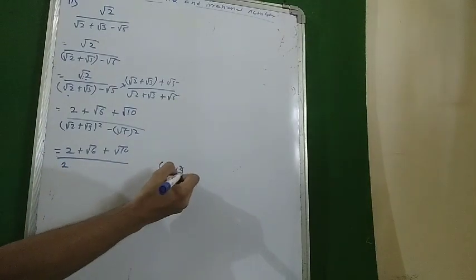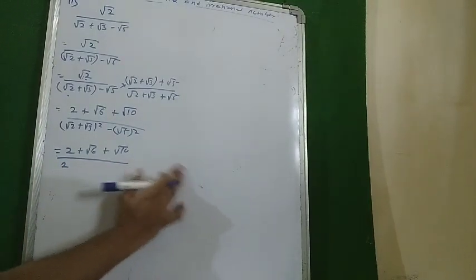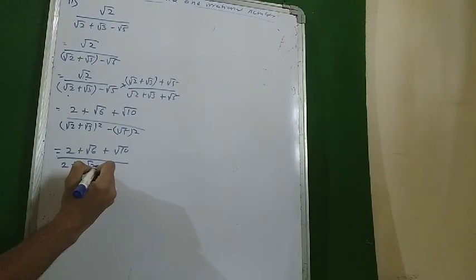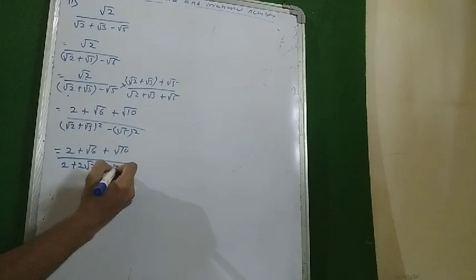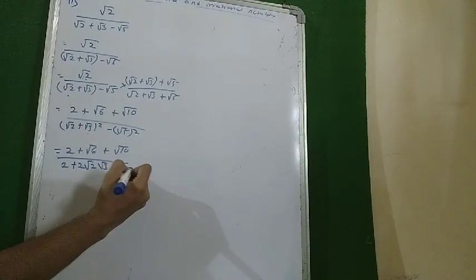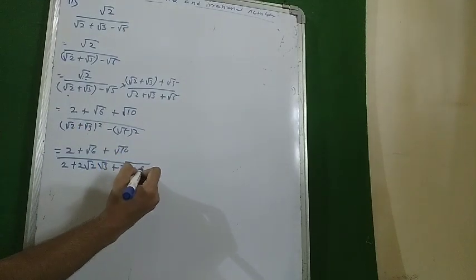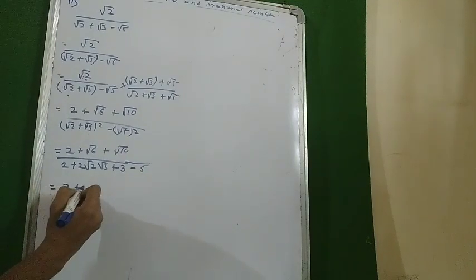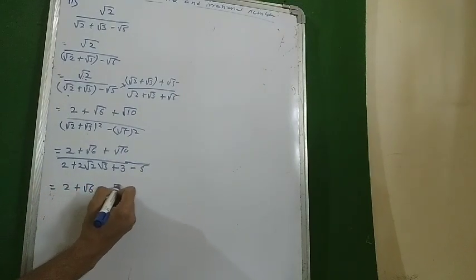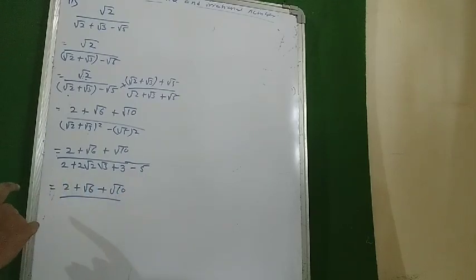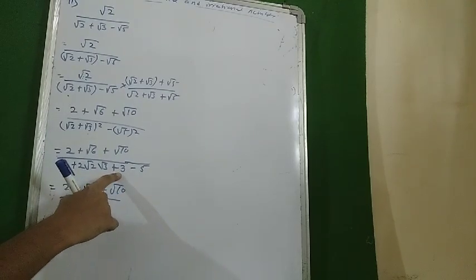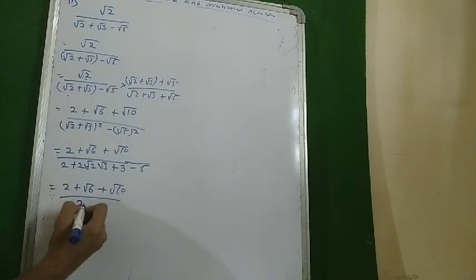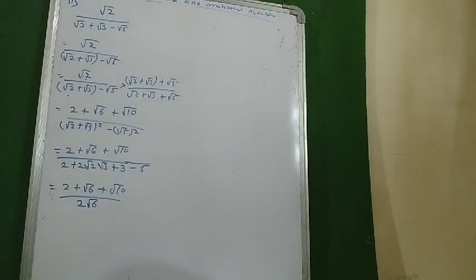A square means root 2 plus root 3 whole square, that is 2 plus 2ab, so 2 into root 2 into root 3, plus root 3 square, which is 3, minus square root of 5 square, which is 5. Numerator as it is again: 2 plus square root of 6 plus square root of 10, upon, pay attention, 2 plus 3, 5. 5 minus 5 is 0. So what is remaining? 2 root 2 into root 3, it is root 6.